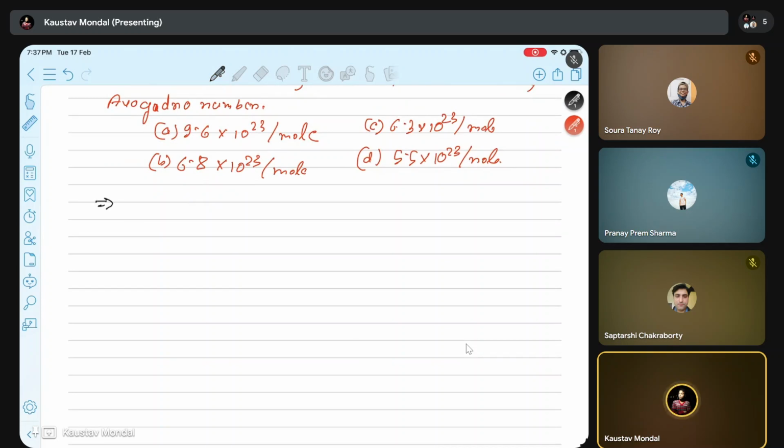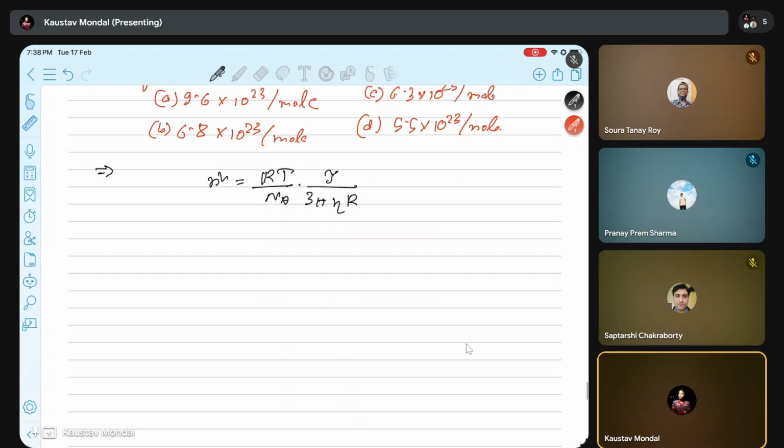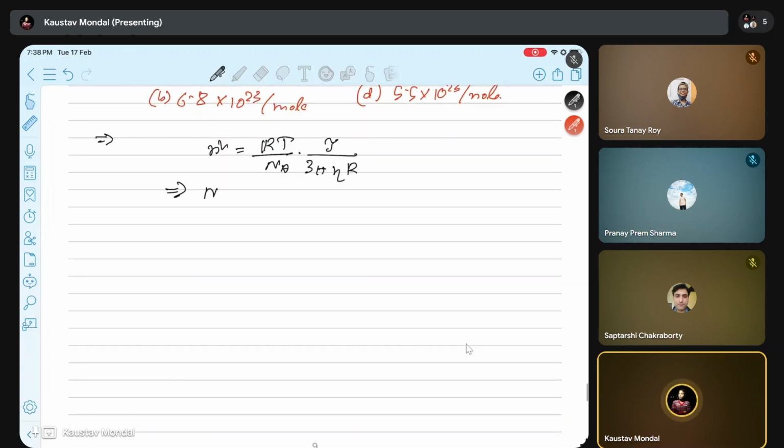The starting point is similar. The relation is r square equal to RT by Na into tau by 3 pi eta r, where r is the radius. Now from here Na you can write as RT into tau divided by 3 pi eta r into r square.